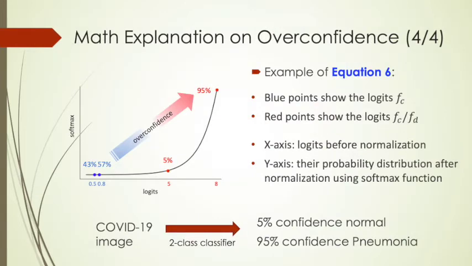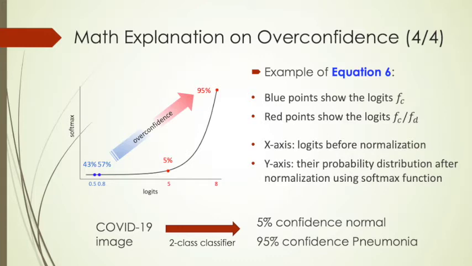Here is a simple example of equation 6 when applied to an unknown image X like COVID-19 to a two-class classifier. In the figure, the x-axis shows logits before normalization and the y-axis shows their probability distribution after softmax normalization. Assume the logit f_c(X) as 0.5 and 0.8 respectively for the two classes, normal versus pneumonia, pretty close numbers.